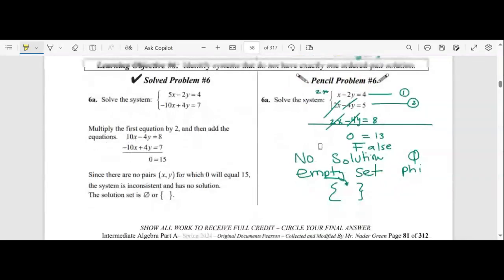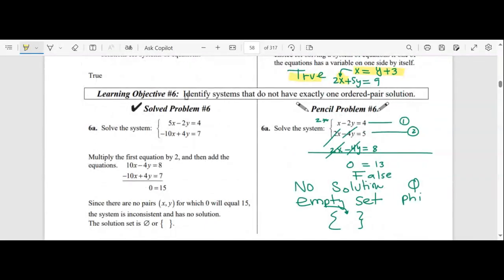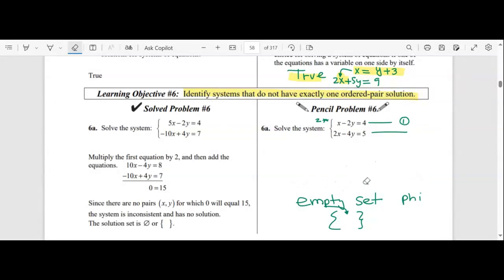Let's go for the next one. I need someone to read. Identify systems that do not have exactly one ordered pair solution. Solve the system, number 6: x minus 2y equal 4, and the other one, 2x minus 4y equal 5.